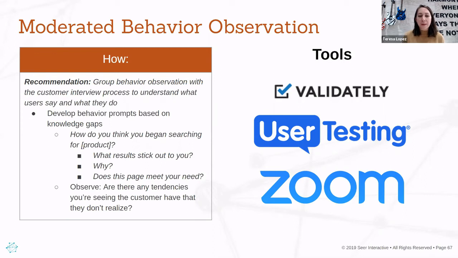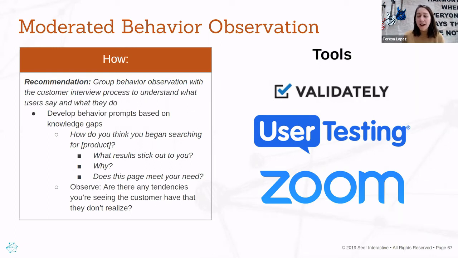So we typically do it based on prompts. Because we're in search, we like to ask people to begin searching for whatever client's product or service they bought and see what they type in, because that's a ton of information, but also understand what results stick out to them. What are they clicking on? What are they focusing on?